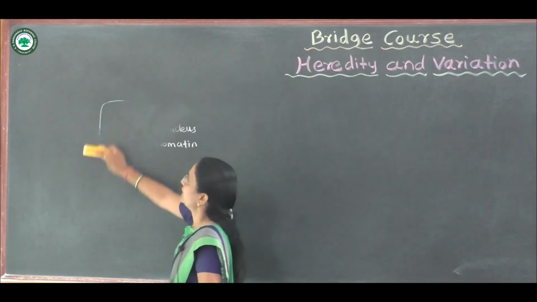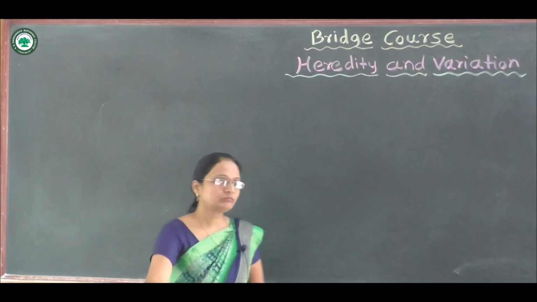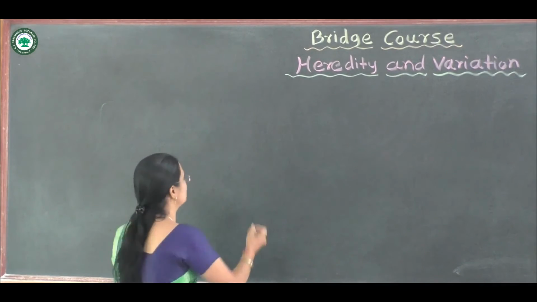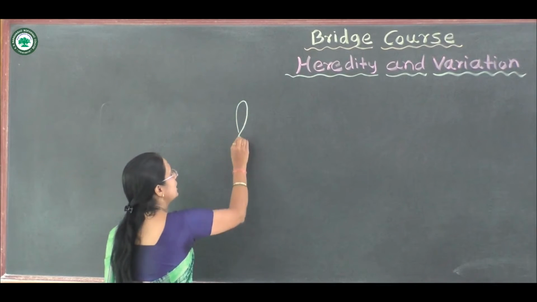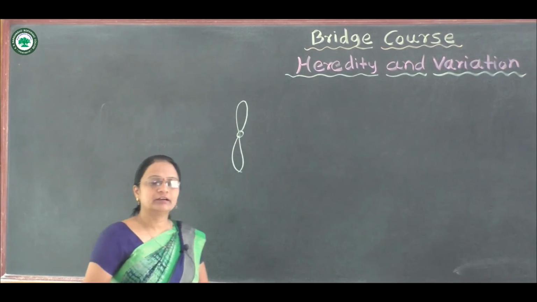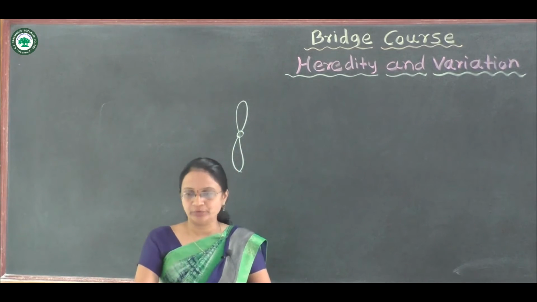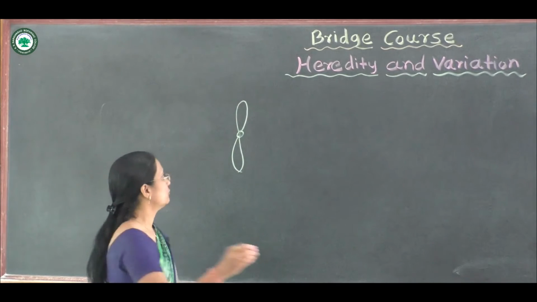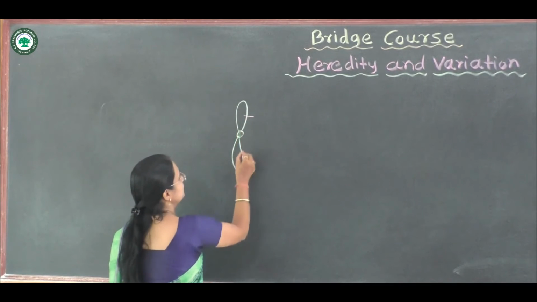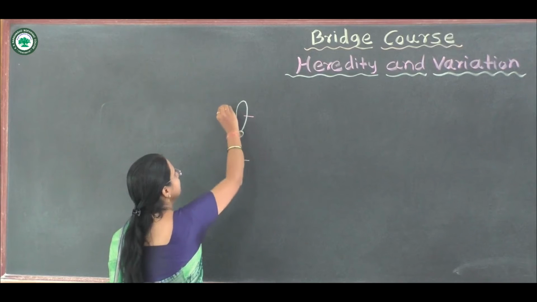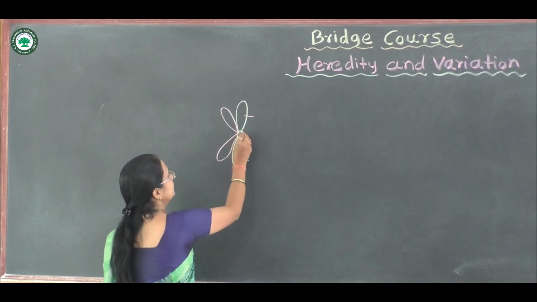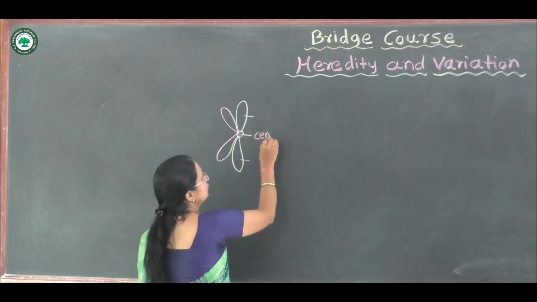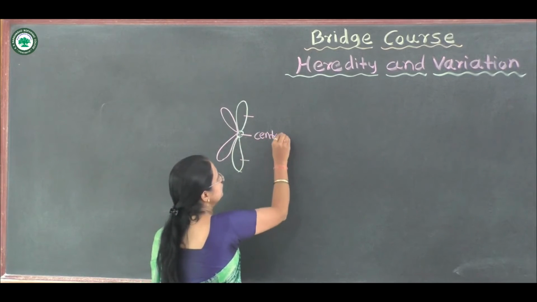Now let's see. In the chromosome structure you are observing here, two arms are present, and at the center the centromere is present. The chromosome has these two arms, and these two arms are joined at this point, which is known as the centromere.